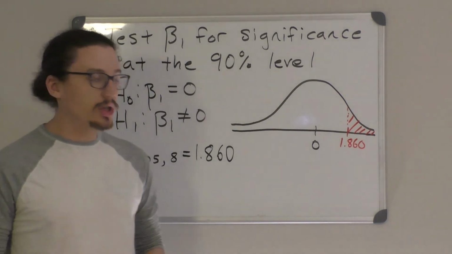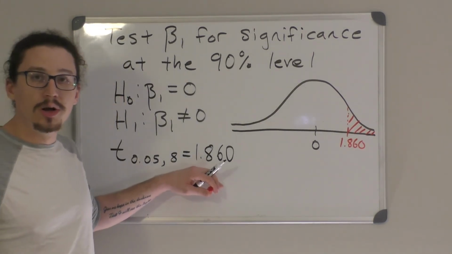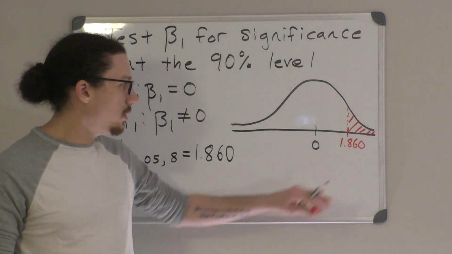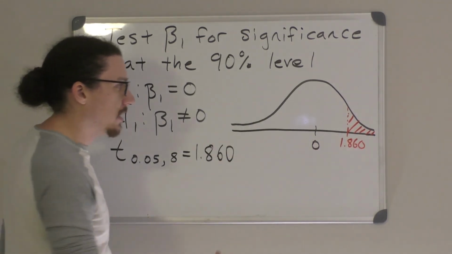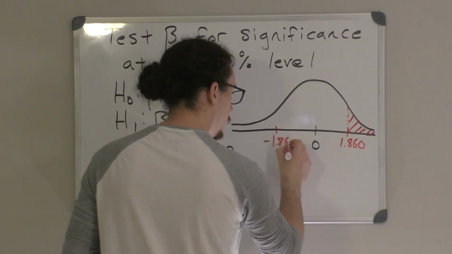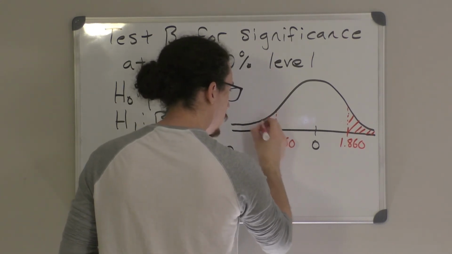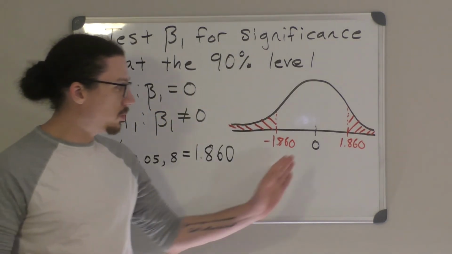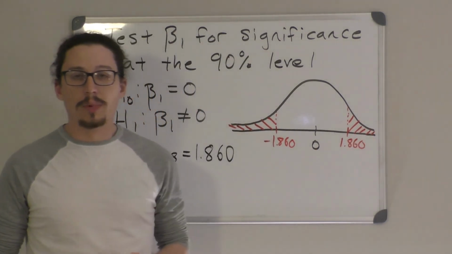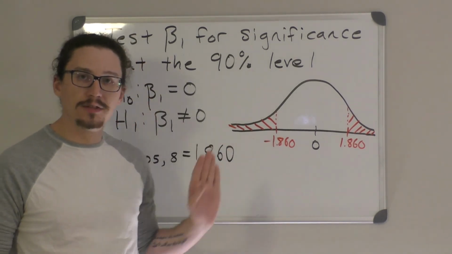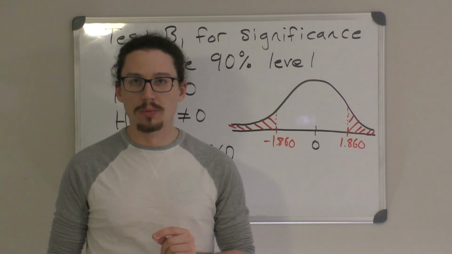But this is a two-tailed test, so we need to remember that we don't have one critical value, we actually have two. We have the positive and we have the negative. So we're going to have two rejection regions, one to the right of positive 1.860 and one to the left of negative 1.860.